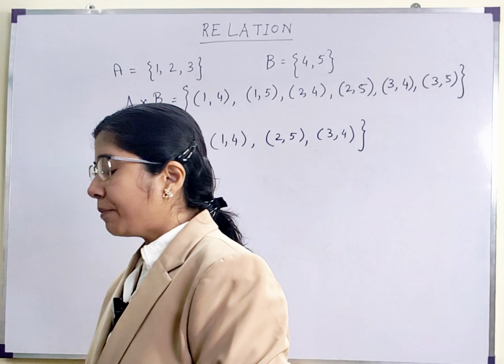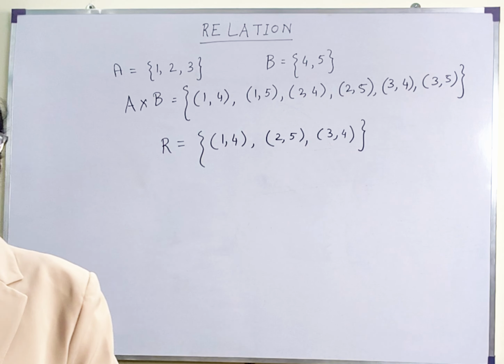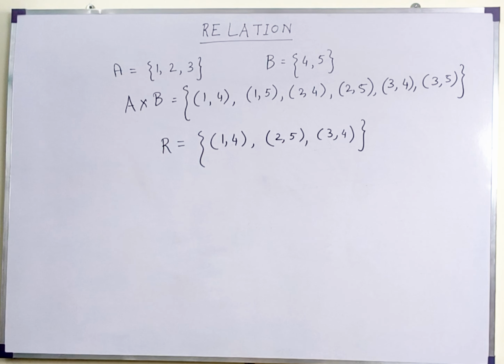So that means we can call a relation a collection of ordered pairs. That means it is a set or a collection of ordered pairs. It can be any collection.